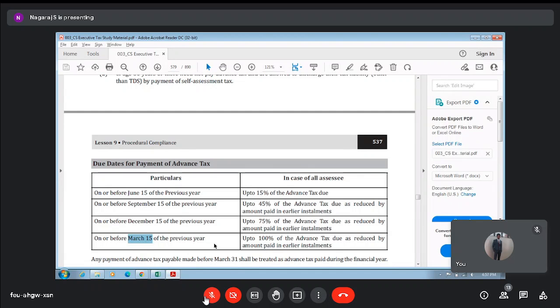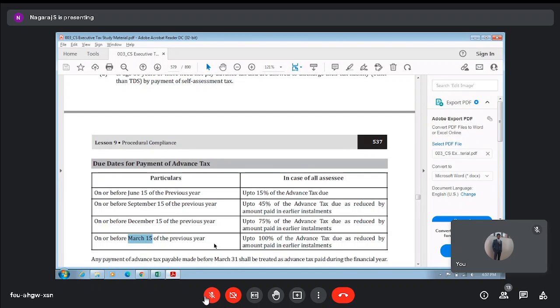Instances: capital gains. Assume that you have some house property and you sell it. Earlier you did not estimate that you were going to sell, but for some reason you sold it on 28th March for some consideration and got the capital gain. You will have to pay the capital gains tax before 31st March.